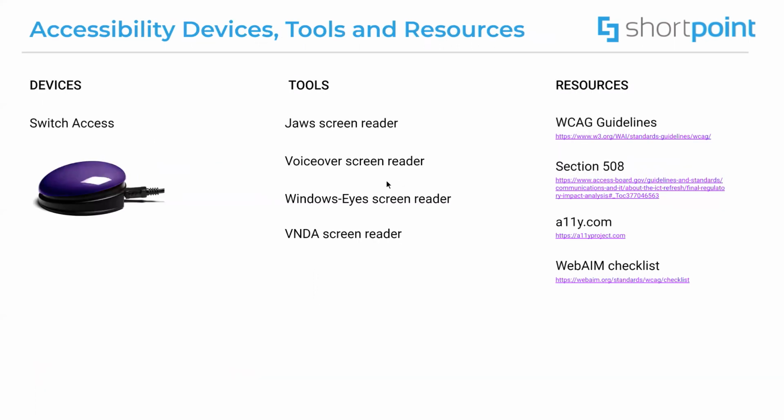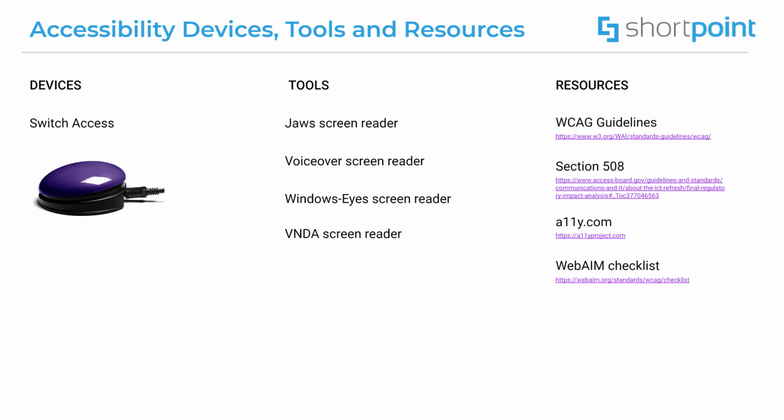And last but not least are the accessibility devices and some tools and resources. For the devices, the most popular device is the switch access. In the video that I showed earlier, we can also see a device called the mouse stick, which users can also use to interact with the web.